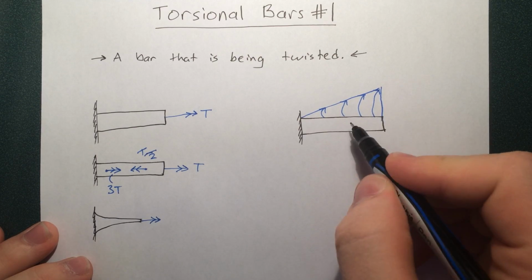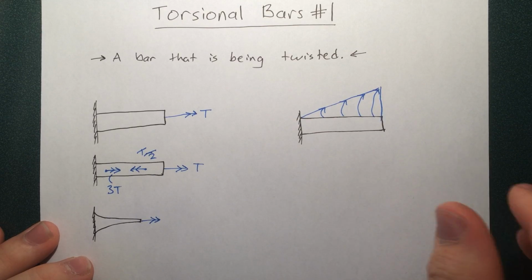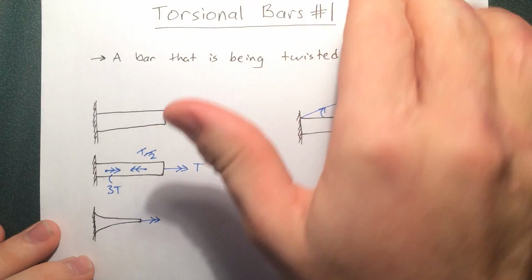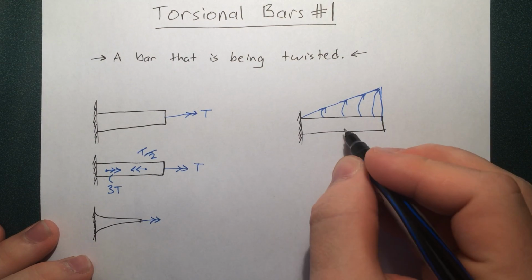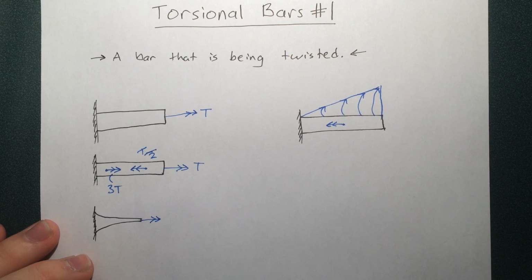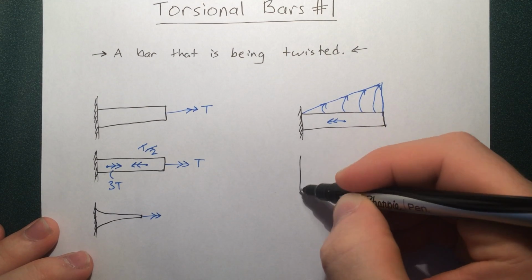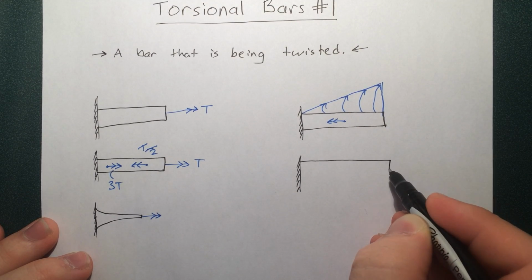So this twisty arrow that you see, it's twisting from here and going in. So what's the direction of this torque? Take our right hand, well, it's twisting this way, so this torque is actually going to be pointing in like that if we would replace it by some torque like this. Alright, and of course we can imagine a torsional bar that's a composite made out of two or more materials.